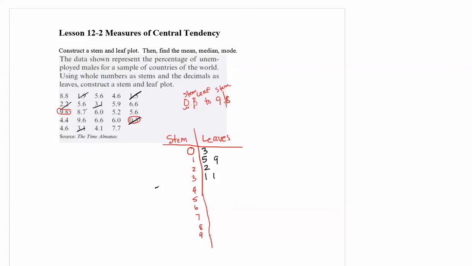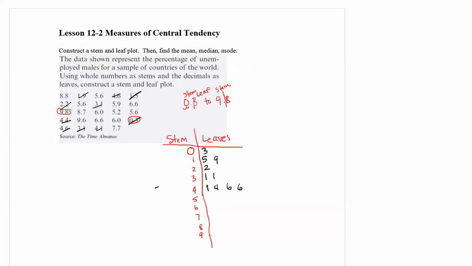Now we look for decimals with 4 point something, and I have 4.4, 4.6, 4.1, 4.6. In order, that would be 4.1, which is a leaf of 1, then 4, 6, and 6. So 1, 4, 6, and 6 are the leaves.